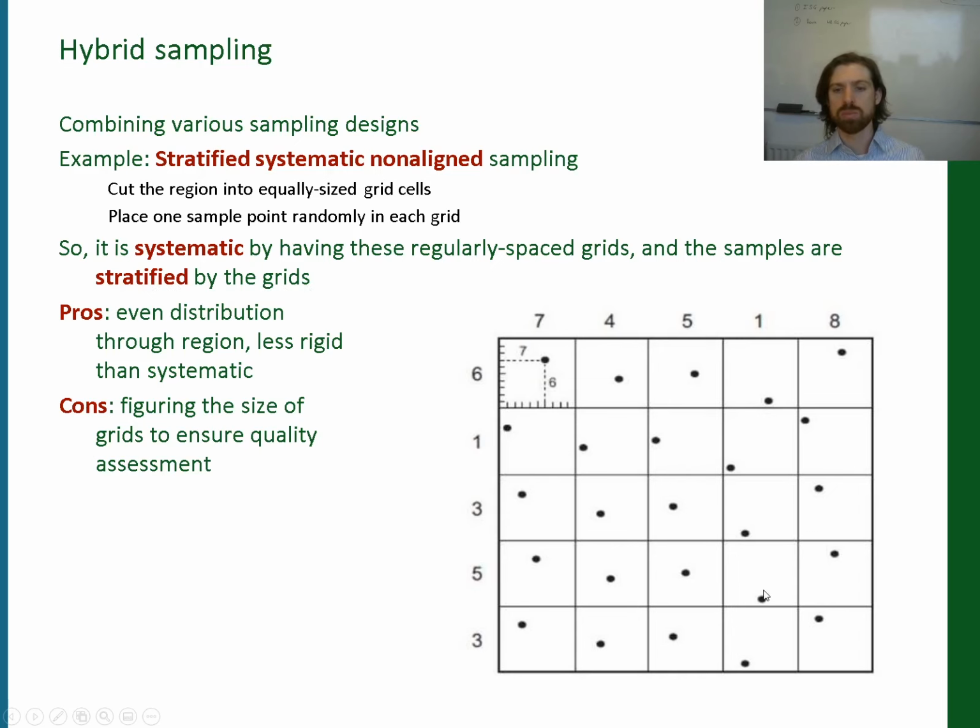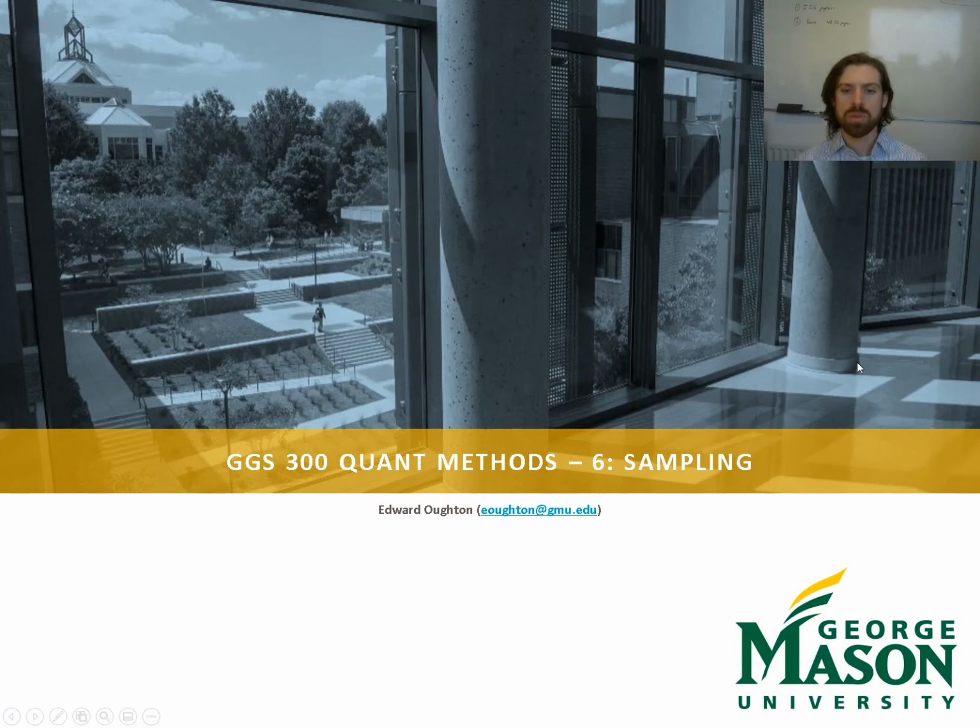So you've got 1 sample per grid square, and it's random within that area. So there's meant to be a better distribution throughout the region by doing this, but you need to make sure that you get the right sized grid squares. So this goes also back to the modifiable areal unit problem, which we covered previously.